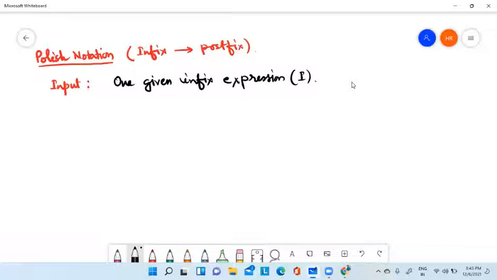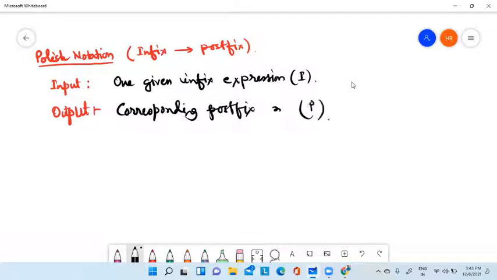Let us assume the infix expression is I. And the output is the corresponding postfix expression P. Okay, so now let's start.